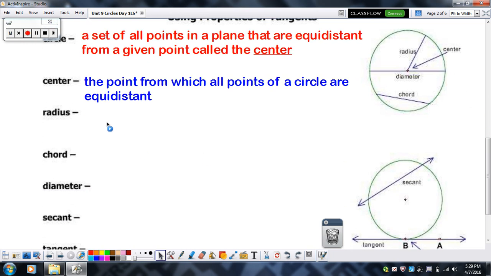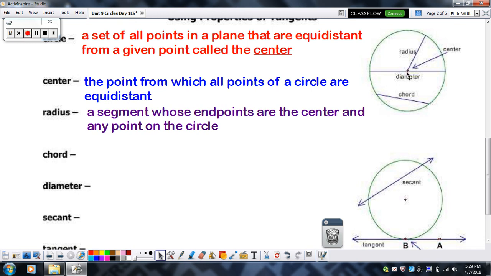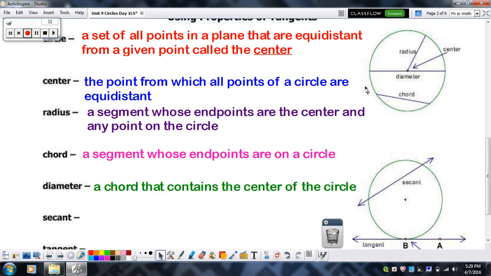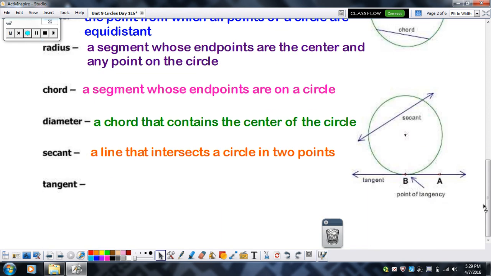The radius is a segment whose endpoints are at the center and any point on the circle. A chord is a segment whose endpoints are on a circle, and a diameter is a chord that contains the center of the circle. A secant is a line that intersects a circle in 2 points.